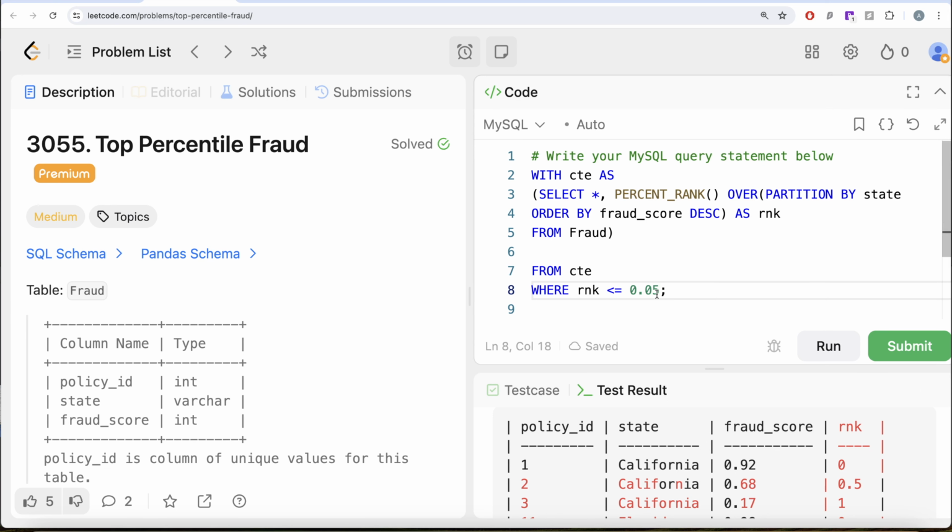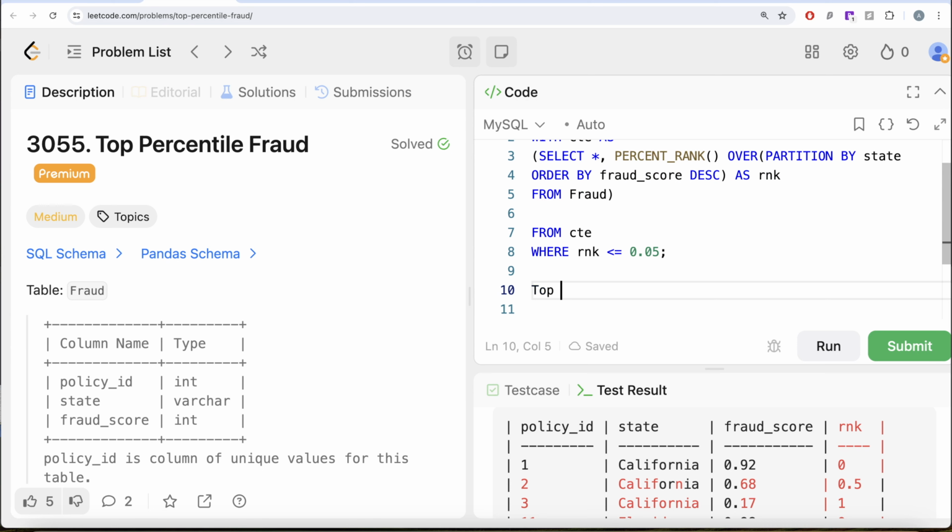That means you are at the 95th percentile, which again means you are in the top 5 percentile. I know this is confusing, but when we say top 5, it is the same as saying your score is at the 95th percentile. Why? Because you have scored more than 95% of the people. That means you are in the top 5%. So you see how this is related.